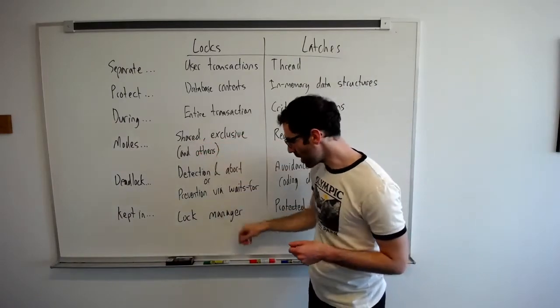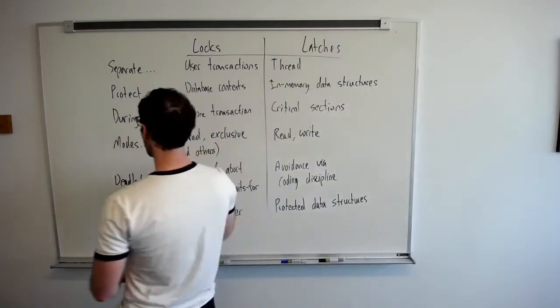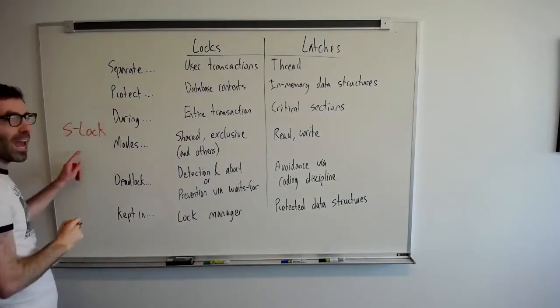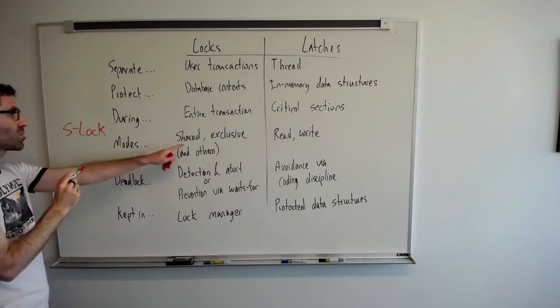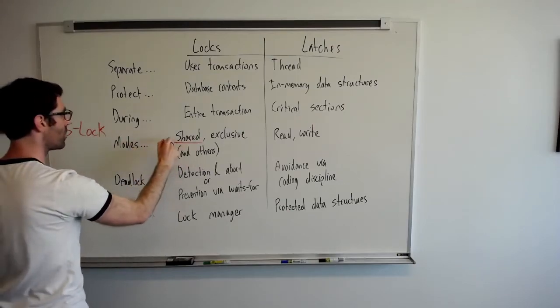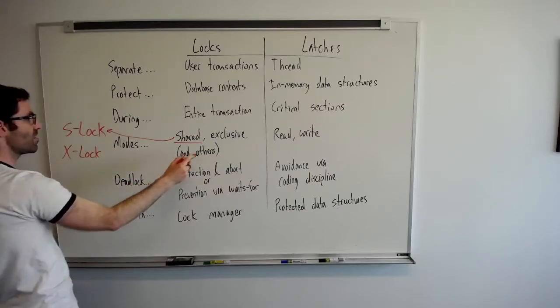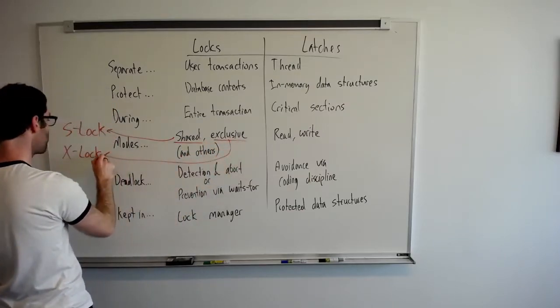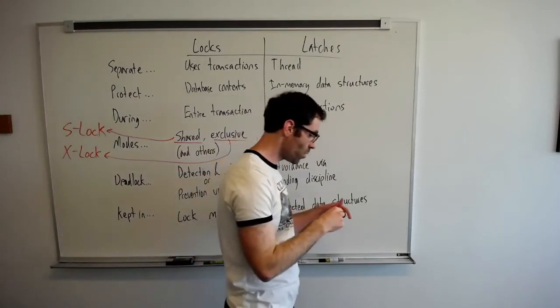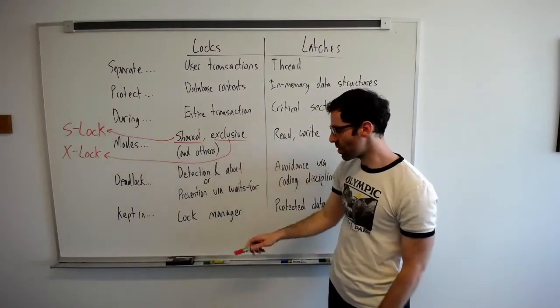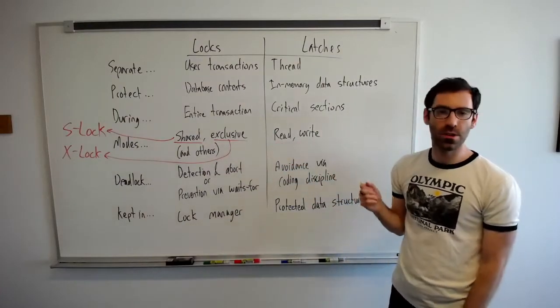But these are analogies. So shared, we would call an S-lock, and for exclusive, that's an X-lock. And there are other modes as well, which we'll talk a little bit about. We're mainly going to be focused on the shared and exclusive, and they have the same properties as read and write.